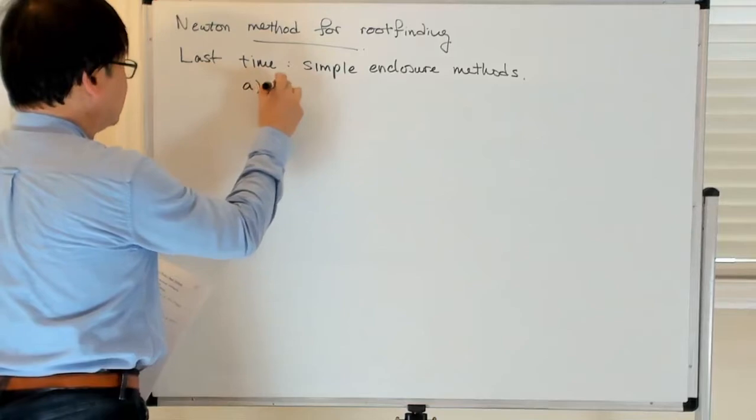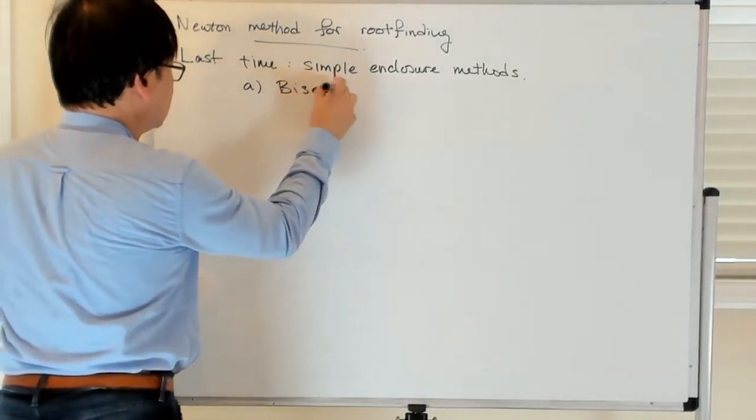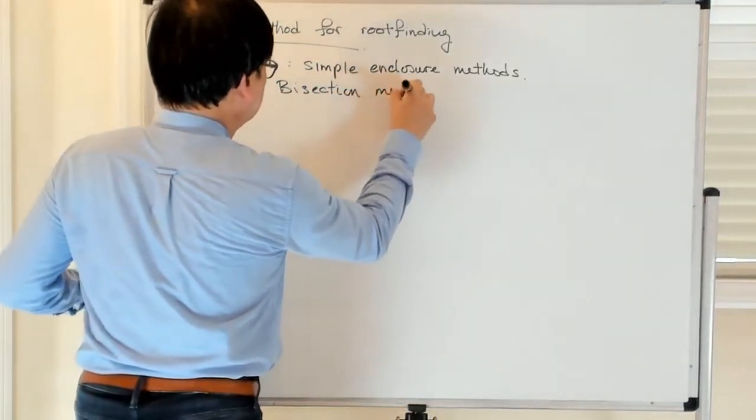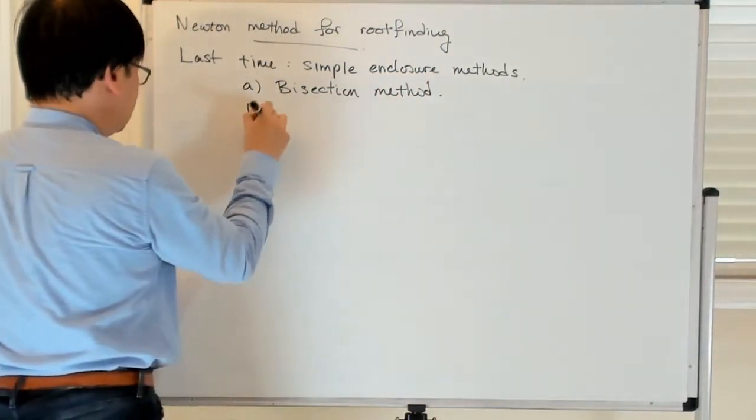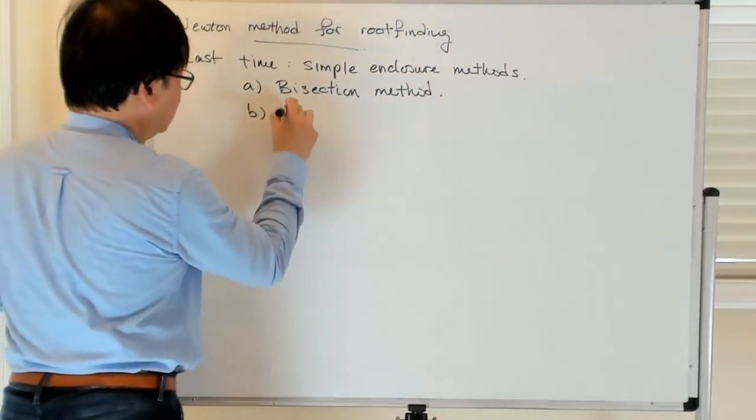The first one was the bisection method, and the next one was the method of false position.